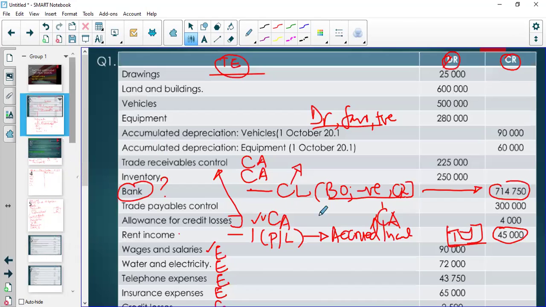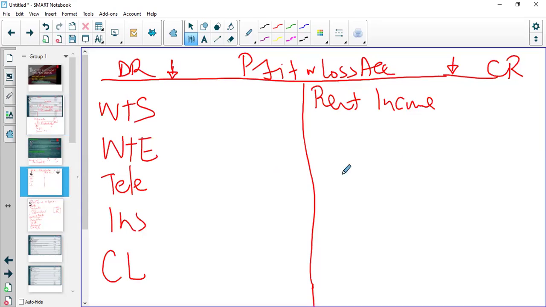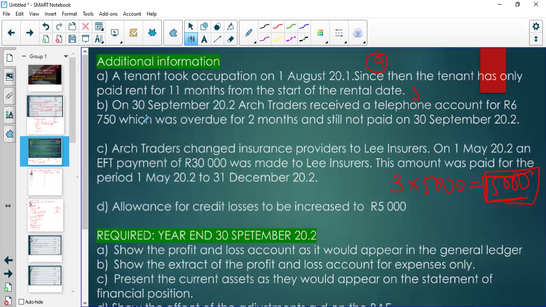If we come here, our rent, we're going to say plus 15, so it becomes 60,000. Our rent income becomes 60,000 in the profit or loss. And we still need to see if there are other adjustments before we adjust our trade and other receivables.